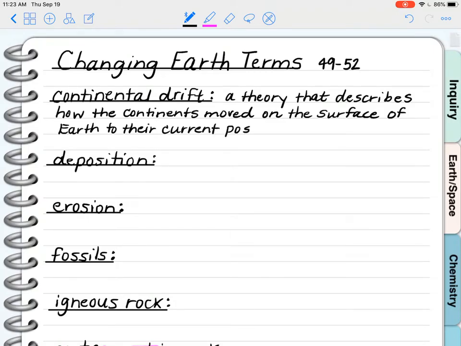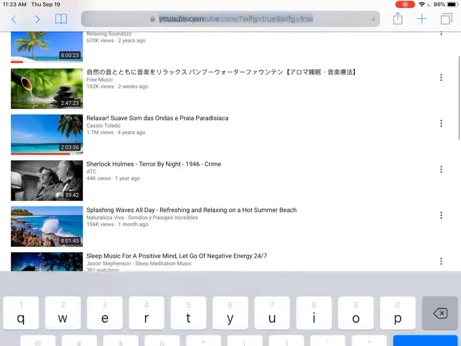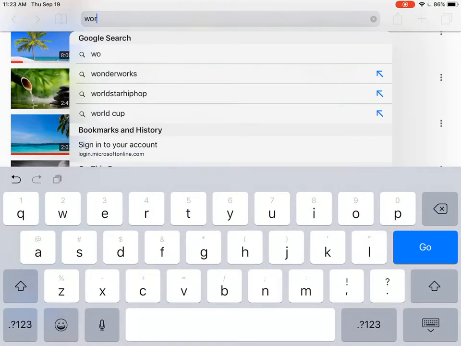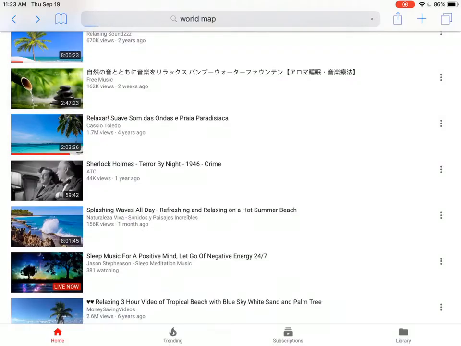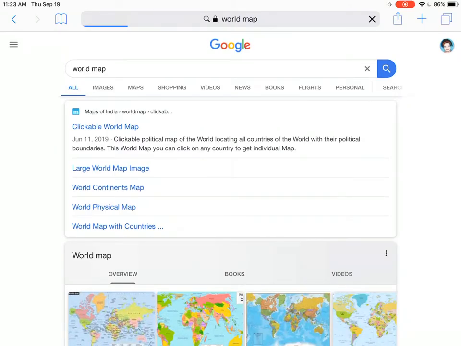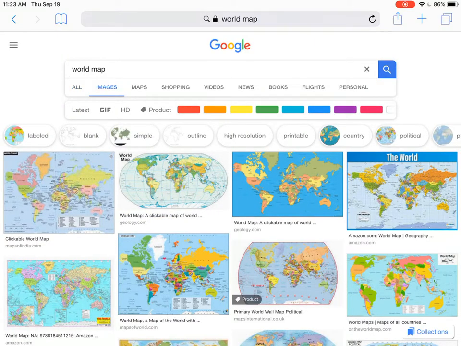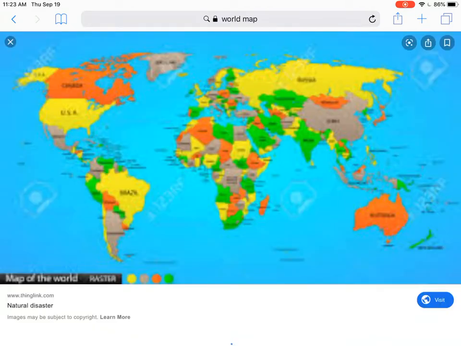And I'm going to try to find quickly a world map, if you will bear with me. I should have one already saved, but I don't. So let me just look here for a world map image. And then I can show you what this is talking about, hopefully. Here's a good one. If you look at this world map, well, that's not a very clear image, is it?